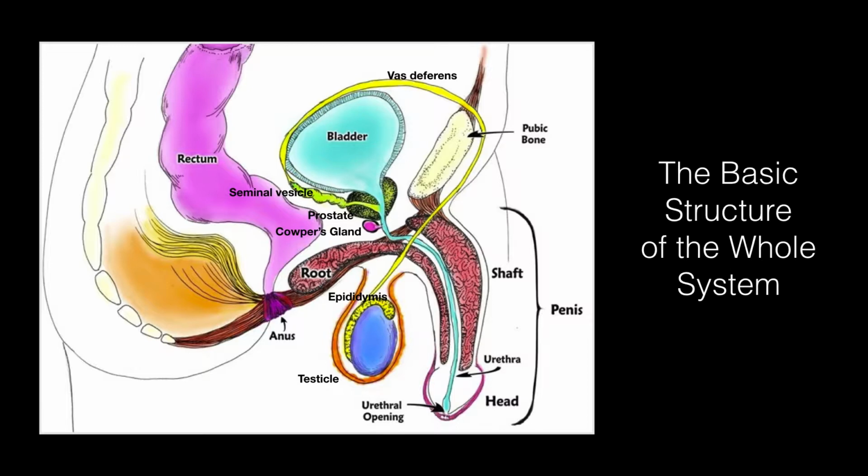The vas deferens is the tube that connects the epididymis up and around the front of the pubic bone, around the backside of the bladder, and into the seminal vesicle. The seminal vesicle is a place where more chemistry is added to the ejaculate.